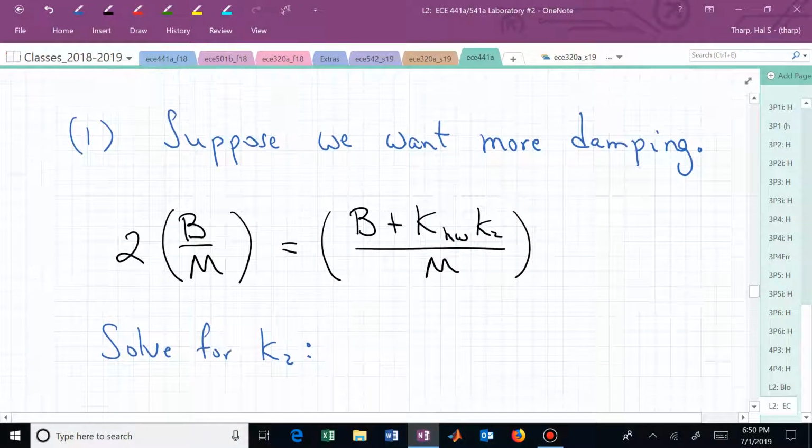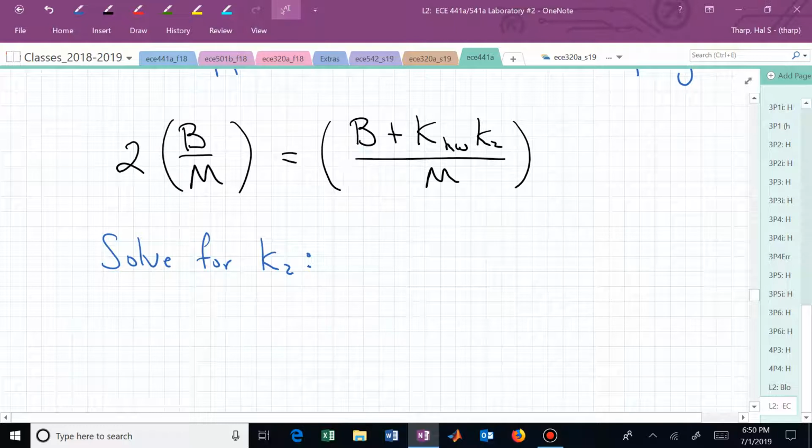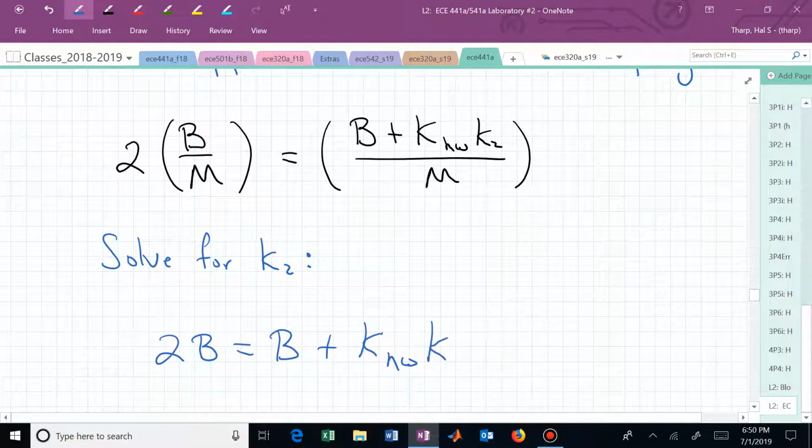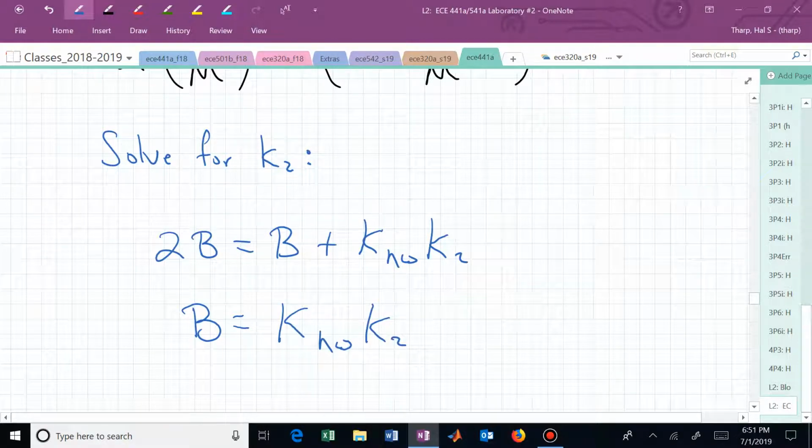We can now solve for K sub 2, which if we multiply through by M on both sides, we now have 2B is equal to B plus K hardware K sub 2. We can subtract B from both sides, and now we have B is equal to K hardware K sub 2.